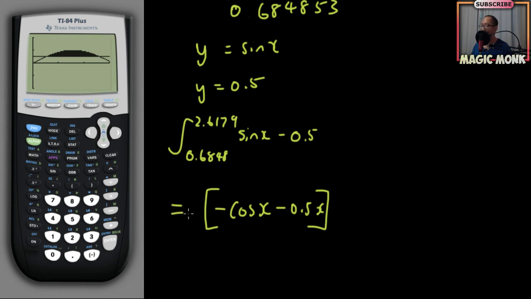Negative cosine x is going to differentiate into sine x, is it? Someone tell me if that's right. Y equals negative cos x, y dash: cos differentiates to negative sine, but there's already a negative, so negative sine is sine. Yep.